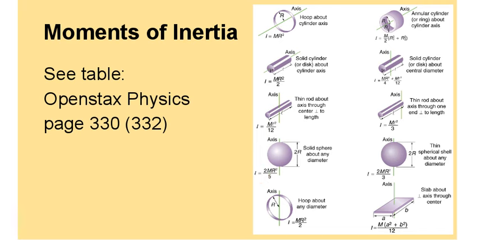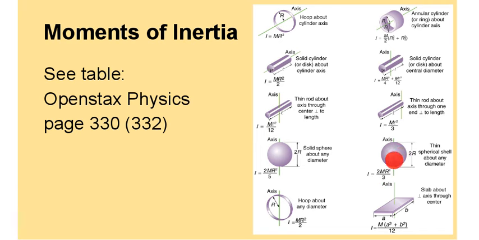This has all been done with calculus, but there's the value. If it's a solid sphere, I get 2/5 mr squared. If it's a hollow sphere, I get 2/3 mr squared. Converted to decimals, this would be 0.4 mr squared, and this one would be 0.66 mr squared.